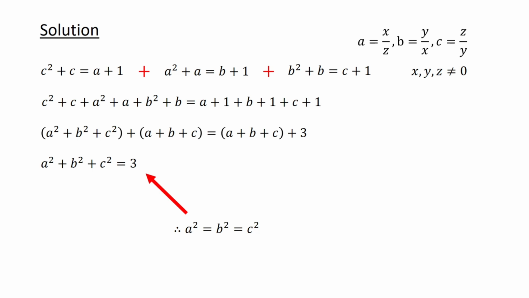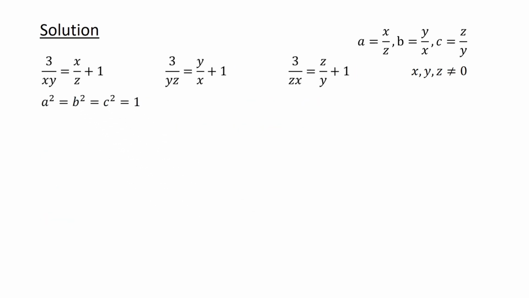Substituting b squared equals a squared and c squared equals a squared into the equation a squared plus b squared plus c squared equals 3, we obtain 3a squared equals 3, which simplifies to a squared equals 1. Therefore, we have a squared equals b squared equals c squared equals 1.